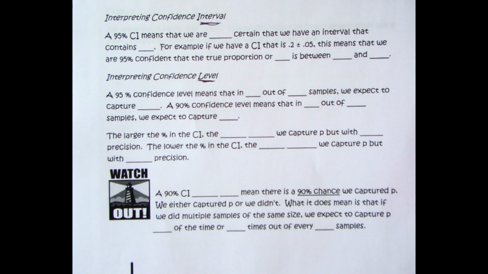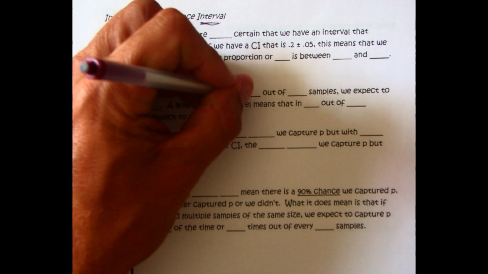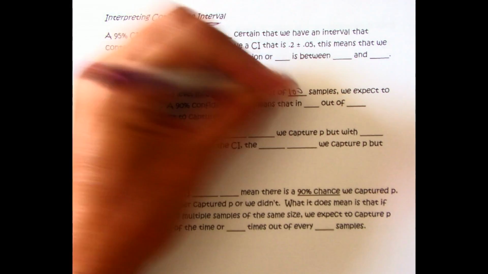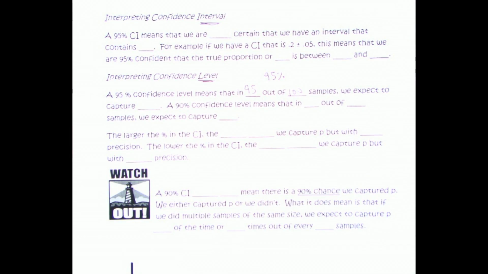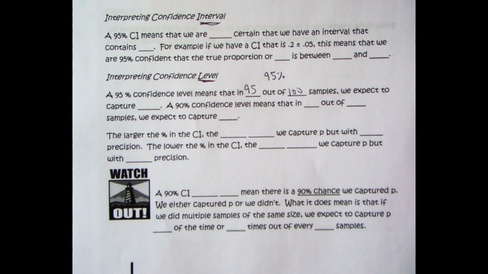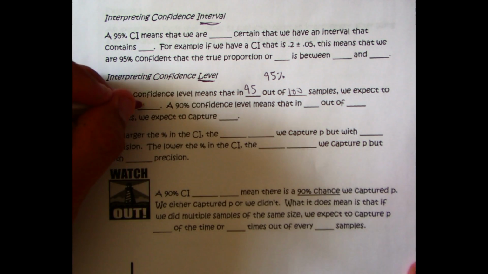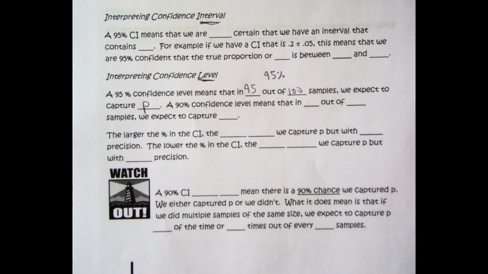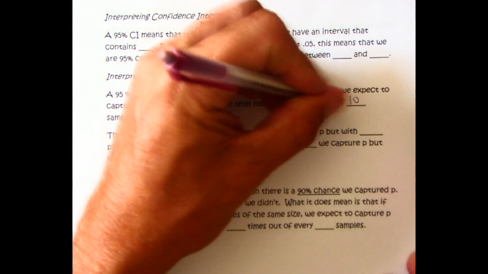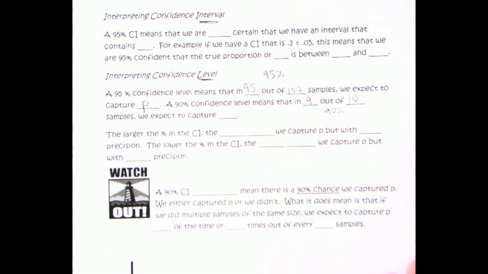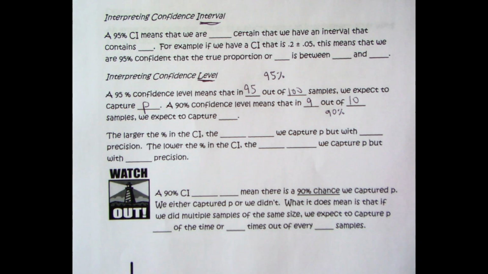A 95% confidence level means that in 95 out of 100, or 95% of all samples of the same n size, we expect to capture p. A 90% confidence level means that in 9 out of 10, or 90% of all samples of the same size, we expect to capture p.